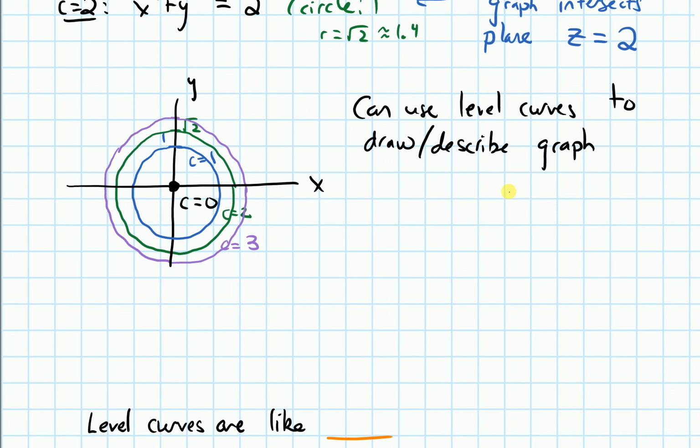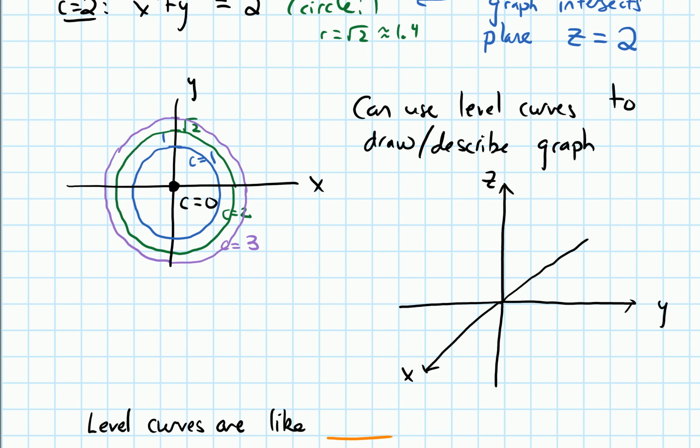All right, so if I draw in a 3D graph now, so I'll have my axes, z and x and y, and I'll draw the negative z direction, negative x direction, negative y direction. If I draw in these level curves, what the c value tells me is the height.